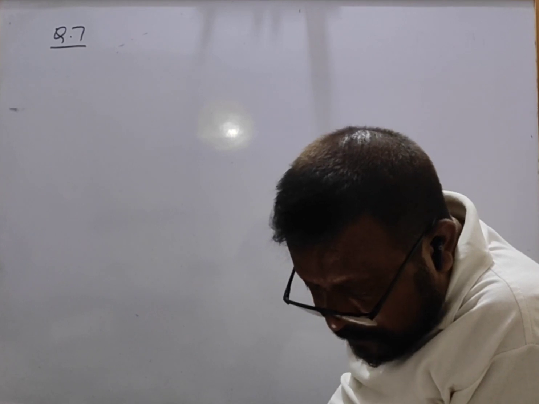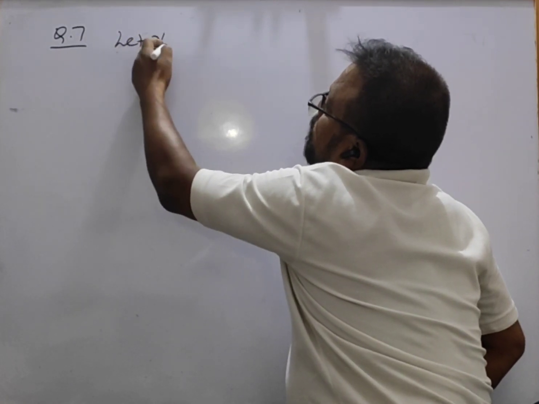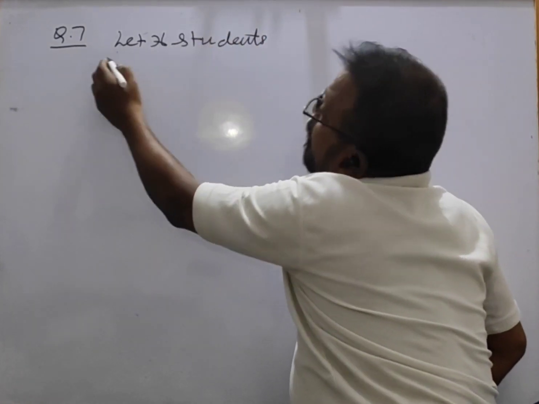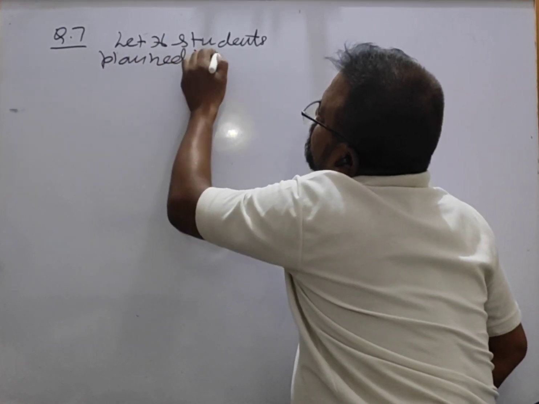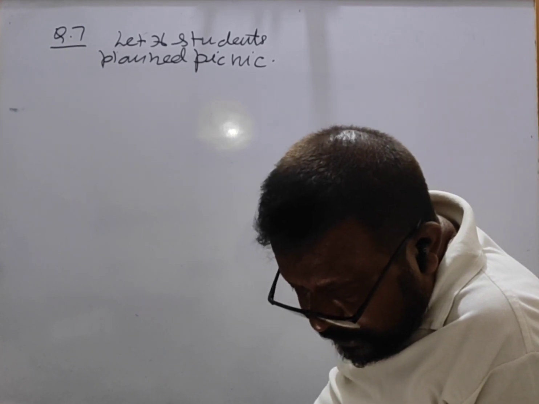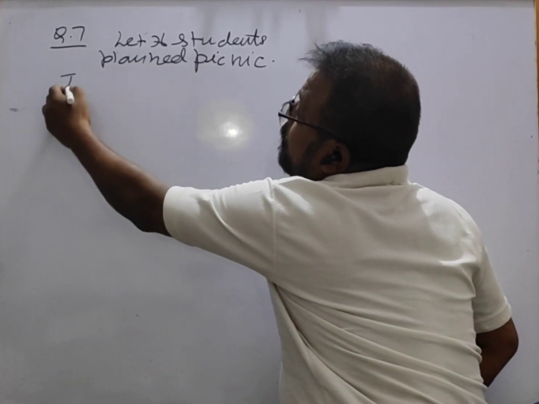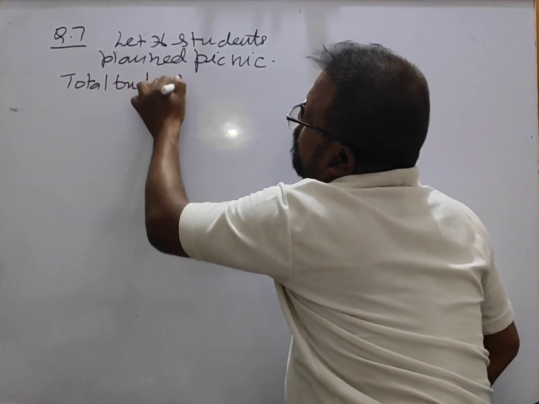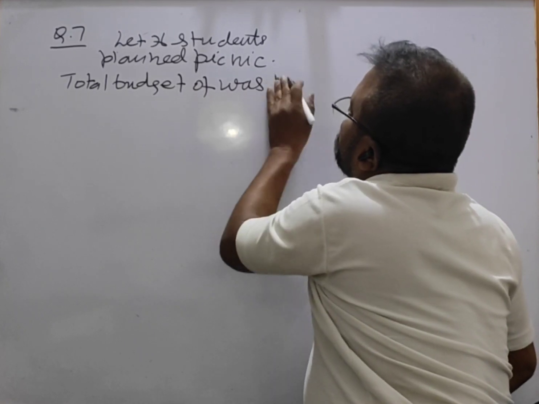Some students plan a picnic, right? Let x students plan a picnic, and the budget of food was 480 rupees. So the total budget of food was 480, right?